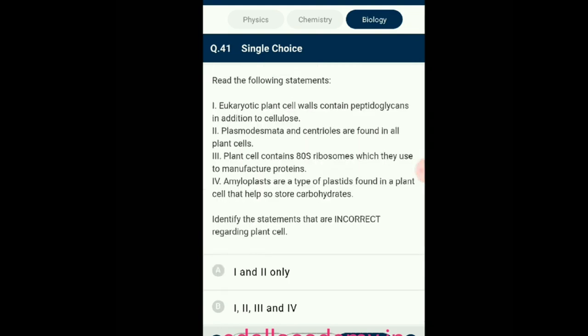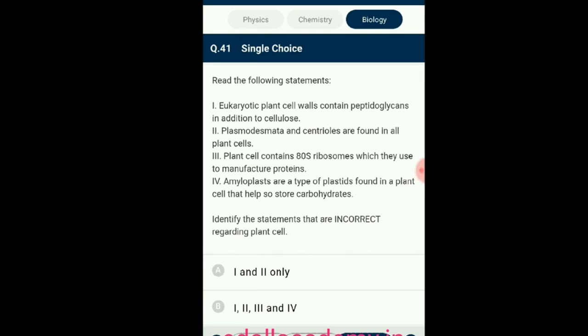Question number 41. Read the following statements. From the given four statements, identify the statements that are incorrect regarding plant cell. Plant cell has cell wall that is primarily made up of cellulose but does not have peptidoglycan. Rather, peptidoglycan is found in the cell wall of prokaryotes like bacteria. Plasmodesmata is the feature in plant cells enabling connection between cells and supporting transport.